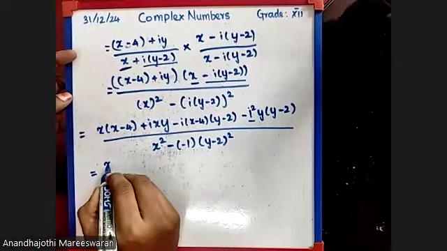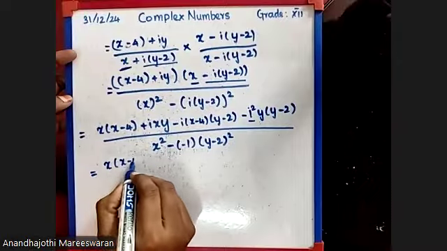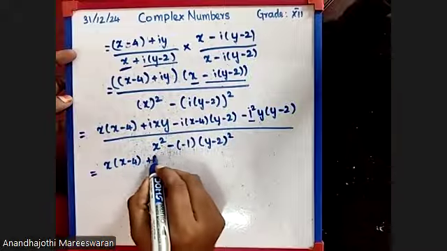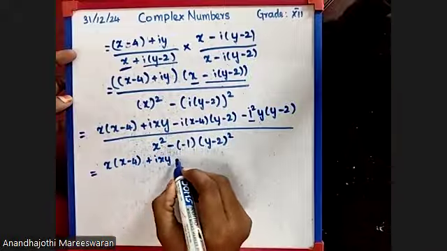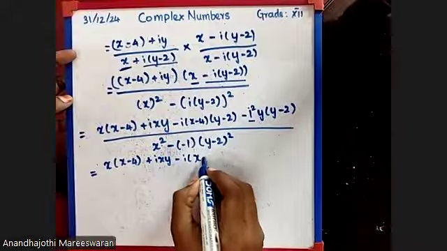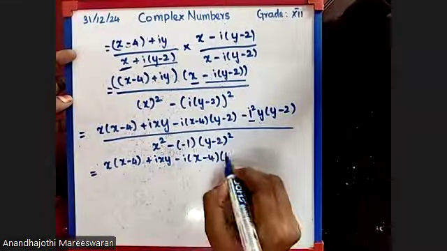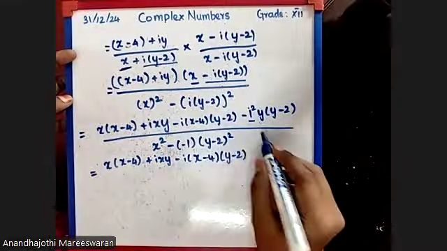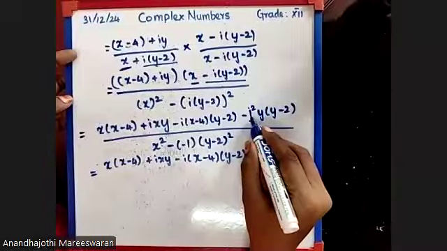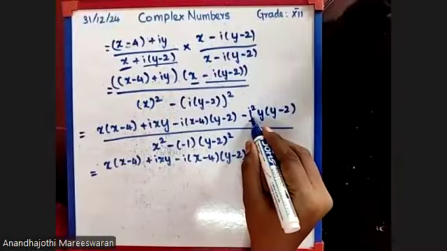So the value will be x into x minus 4 plus i xy minus i x minus 4 y minus 2. Now we are going to substitute minus 1 in this place.